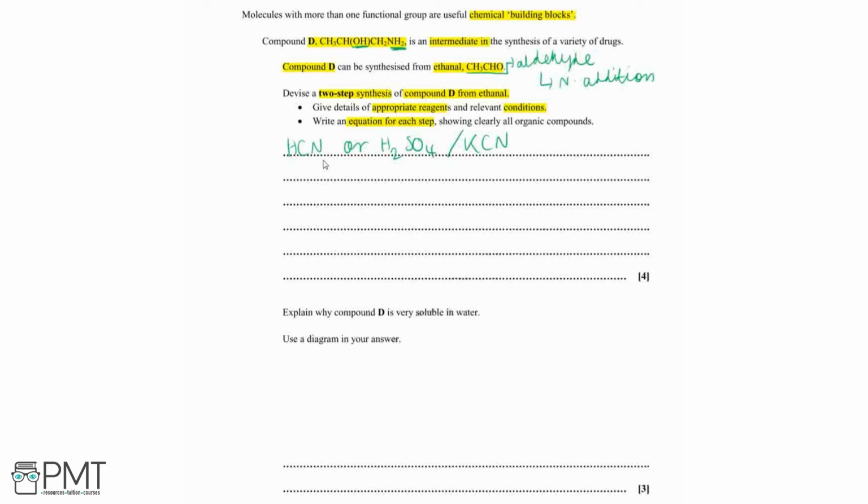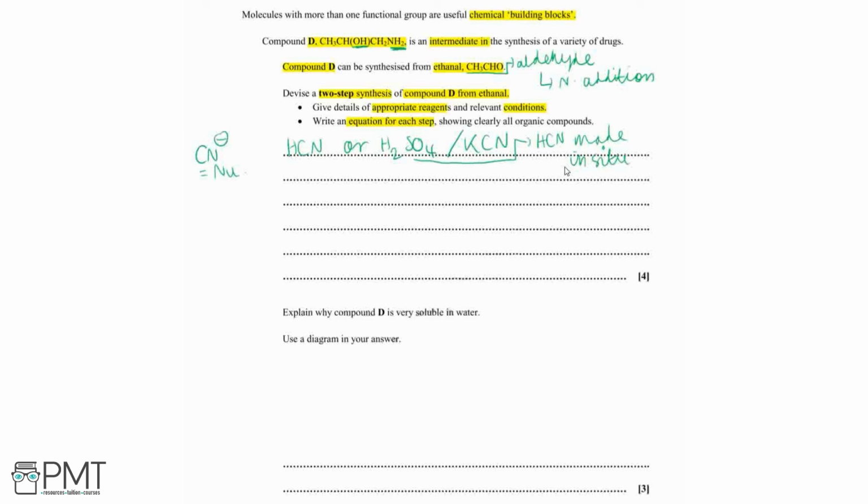And with this second option here, by using that sulfuric acid and potassium cyanide, we make the HCN in situ overall. So that means that it's made in the reaction mixture, so we're not actually having to handle it itself. So by adding these reagents to our ethanol, what we're doing is we're undergoing that nucleophilic addition reaction with the cyanide ion acting as our nucleophile overall.